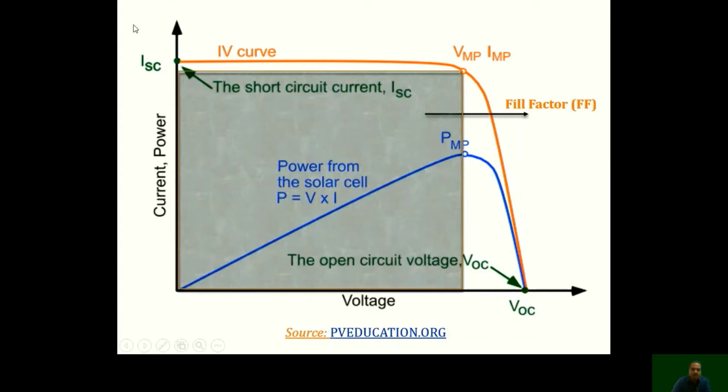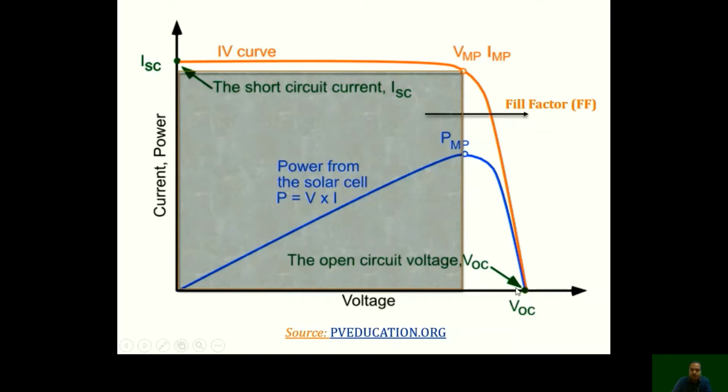One is the short circuit current, for which the corresponding voltage is 0, and the open circuit voltage, for which the corresponding current is 0. VOC and ISC are the maximum voltage and the maximum current that can be generated by the solar cell. Together with that, we have plotted the power as a function of the voltage, and this point corresponds to the maximum power, and correspondingly VMP and IMP are the respective voltage and the current.